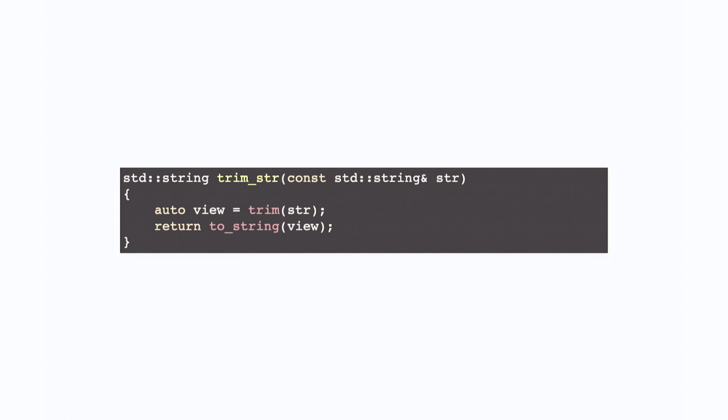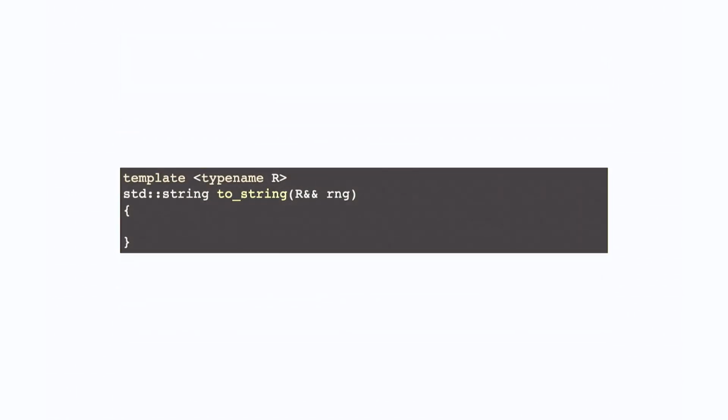So, okay. Let's turn our attention to the second part, because that's easier to deal with. What we want to do effectively is write a function like this. We want to take some arbitrary range and transform that into a standard string. It turns out this is actually a bit tricky to do in all cases in C++20. It's a bit of a shame.